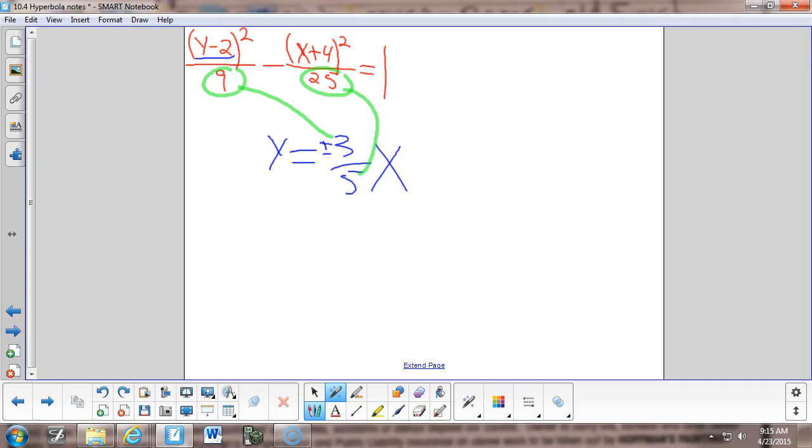Without doing any work, I can tell you what the slope of the asymptotes are without even getting the graph. Remember, in the y direction, that's the rise. This one's the run. The square roots of those numbers. Rise over run. So it's going up 3 and over 5. Positive and negative. But that's if it were centered at the origin. It's not centered at the origin. It's centered here.